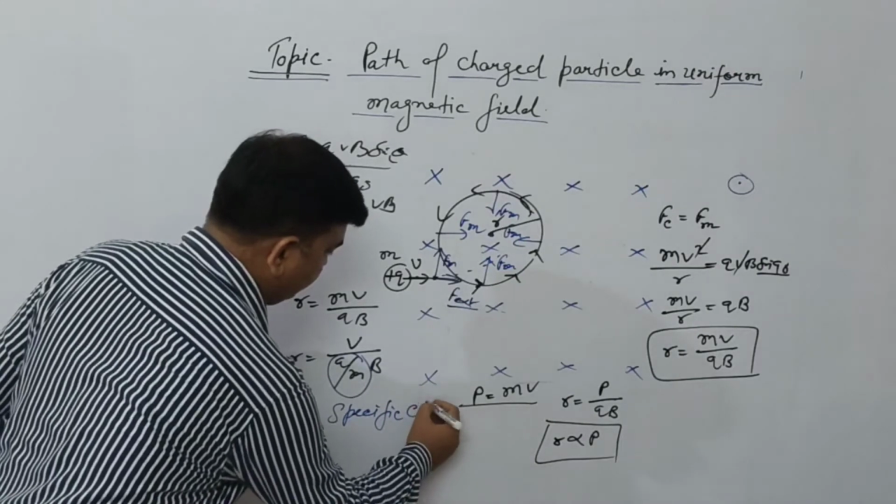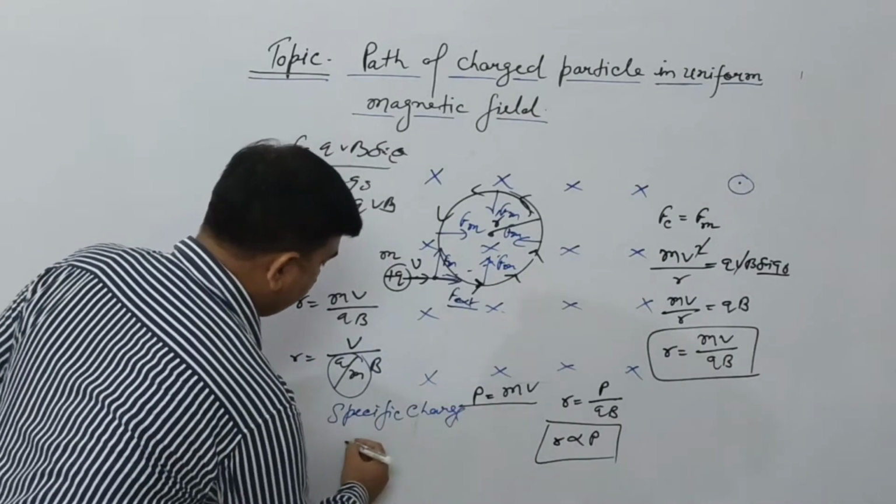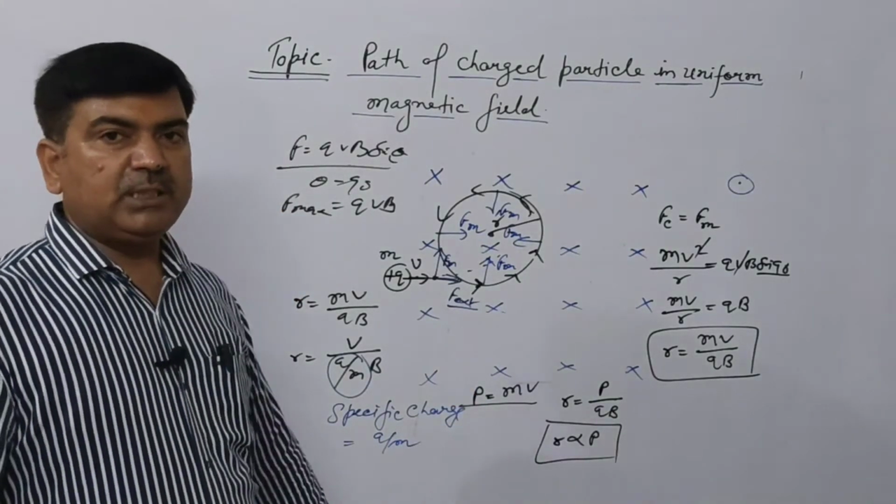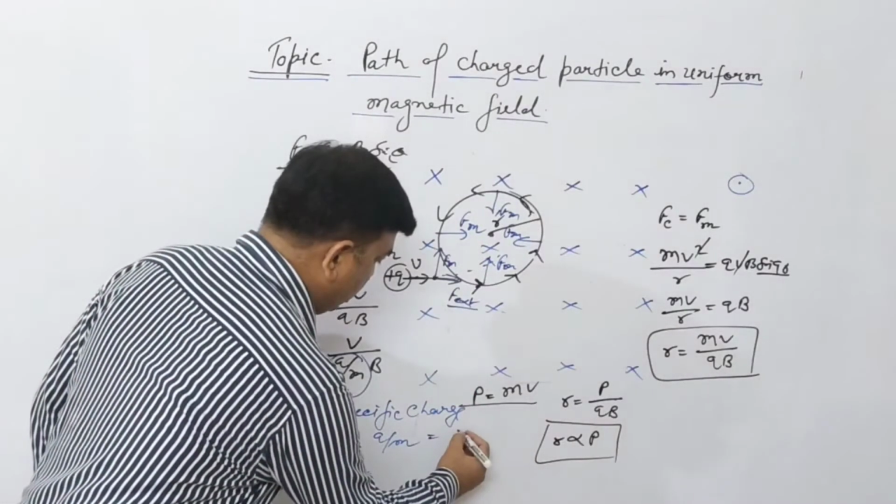Specific charge is q by m. And what is the unit of the specific charge? Coulomb per kg.